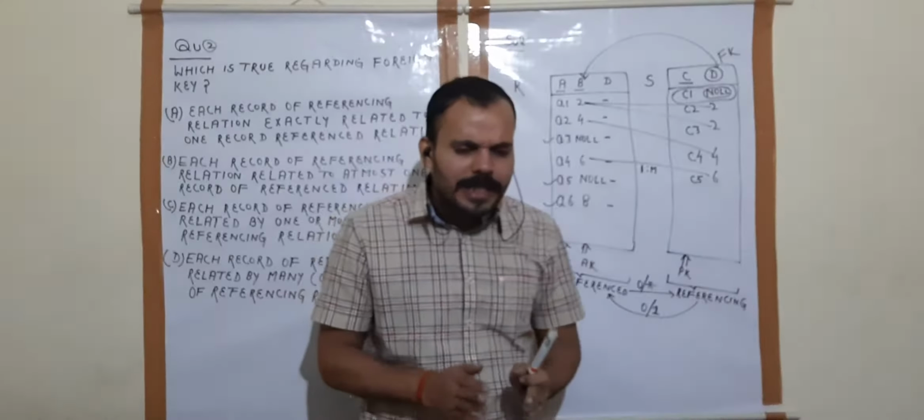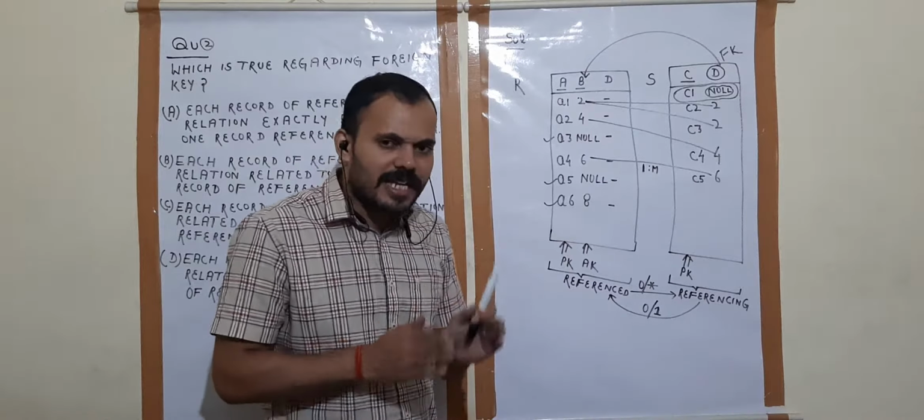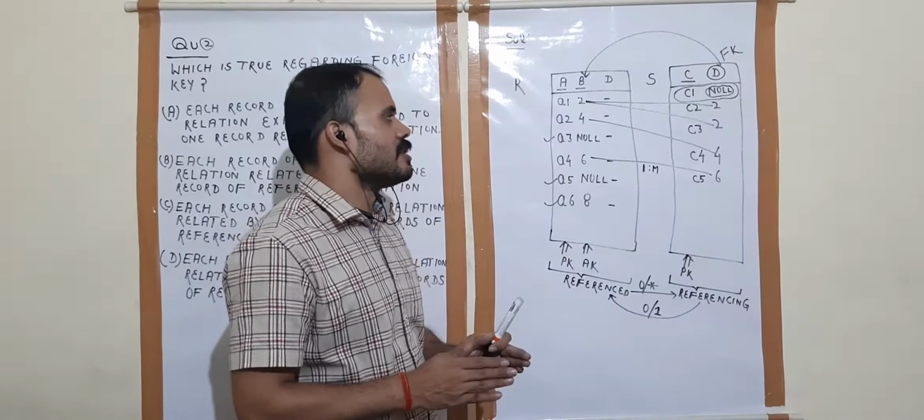We have studied earlier that it is saying that only those values of the attribute D are allowed which are in the alternative key B. Means the values which are not in the alternative key B are not allowed in the foreign key D. That is the meaning of the foreign key.